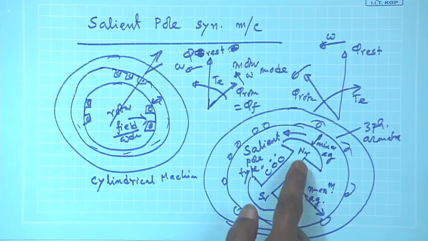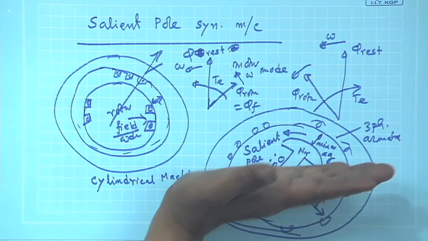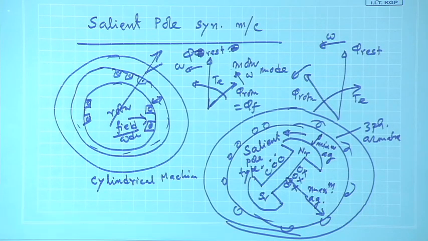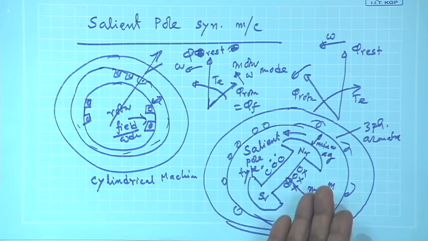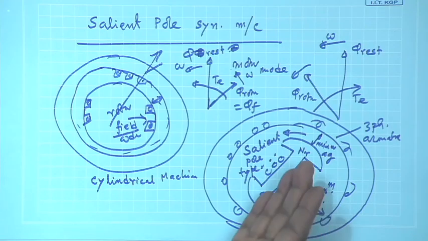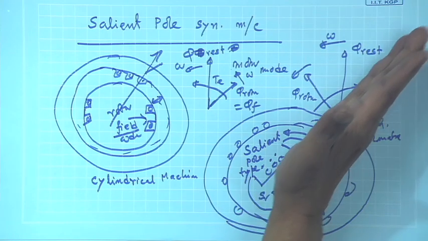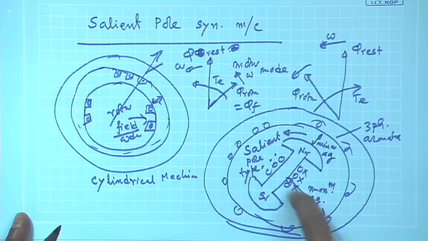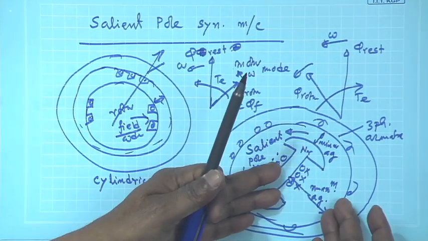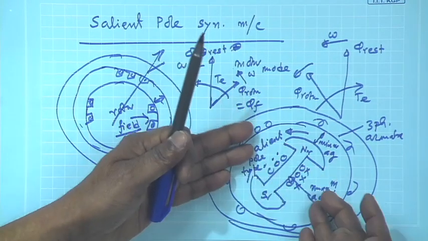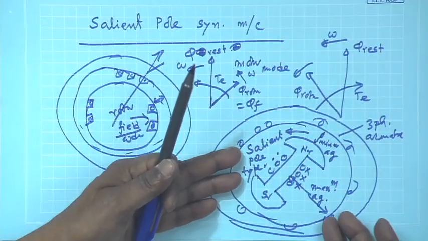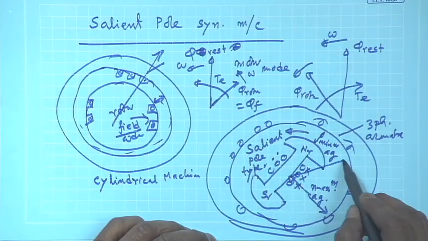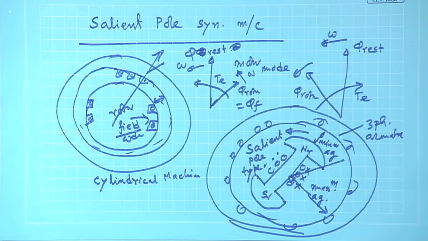But the reluctance seen by the armature MMF, which in turn will create the armature flux, looks like a stupendous task, because when the armature MMF is along the minimum reluctance path, maximum flux will be produced, and when the armature MMF is along this line, with maximum air gap, I have to divide by this reluctance to get the flux, or if it is in between, some other air gap will come.